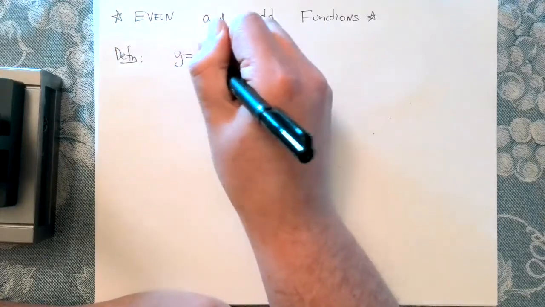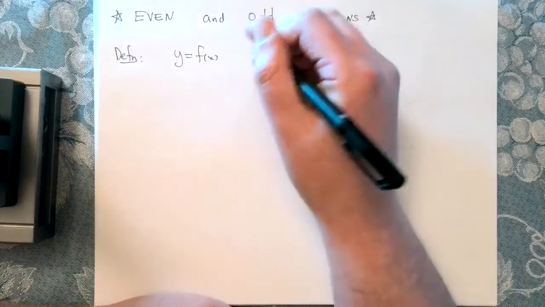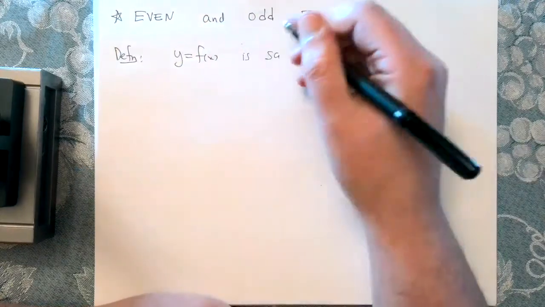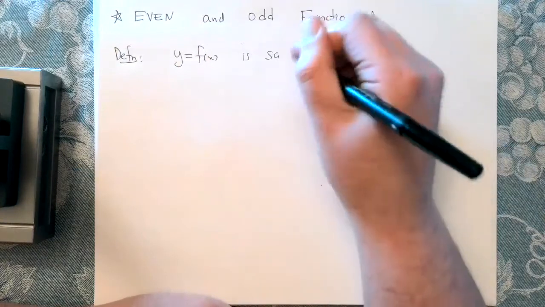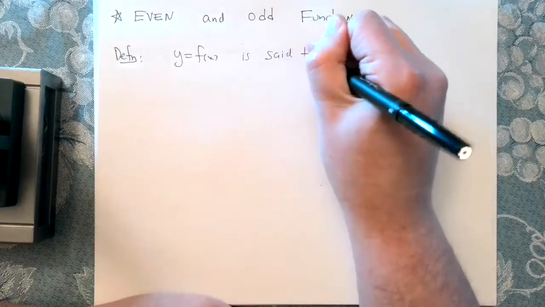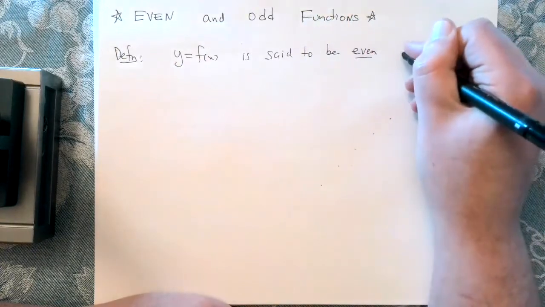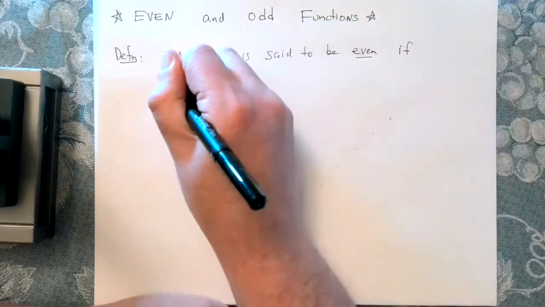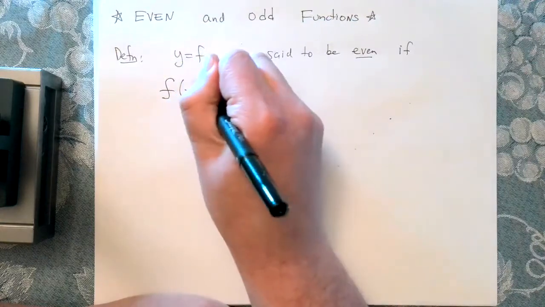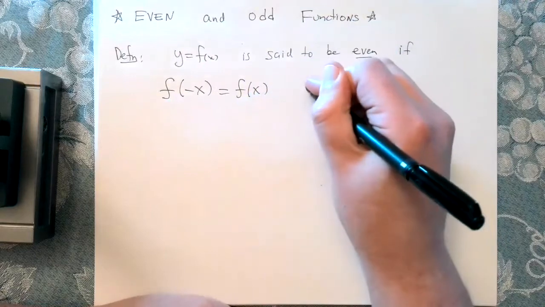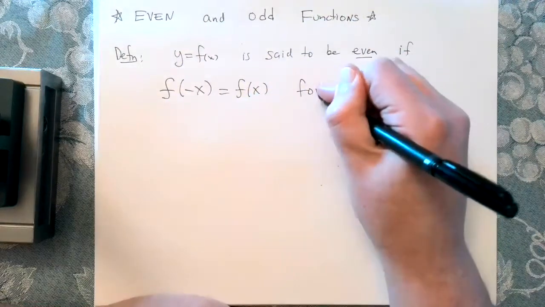So we're going to say y equals f of x is said to be even, in the understanding that this is a function. So y equals f of x, that's a function. It's said to be even if f of negative x equals f of x for every x in the domain of f.